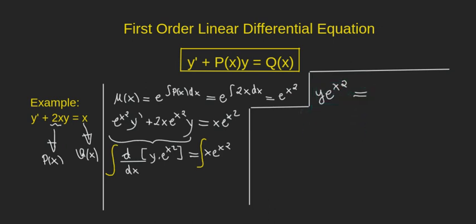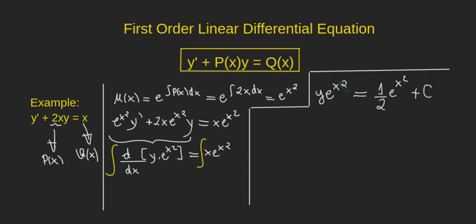So we continue here. We have that this is equal to the integral of this, which, as we have seen, is 1 over 2 e to the x squared plus an arbitrary constant.